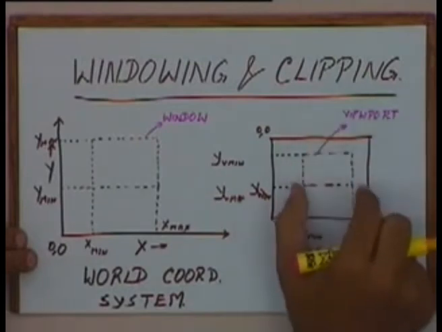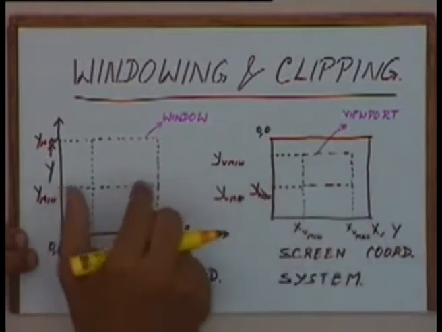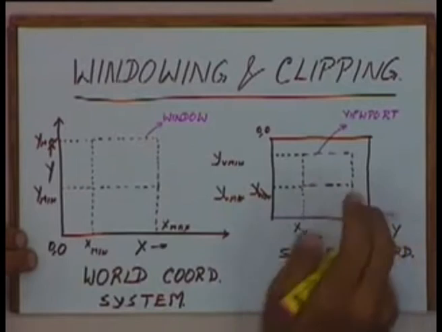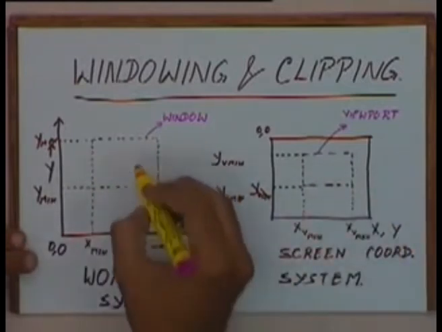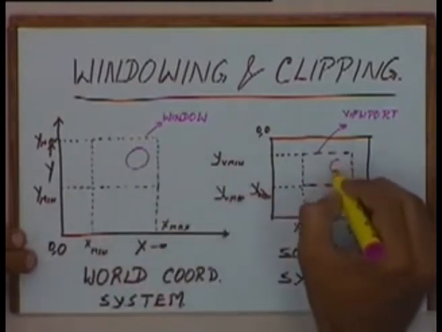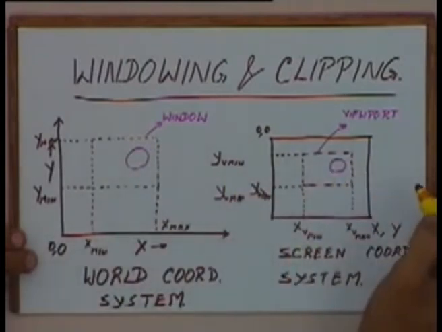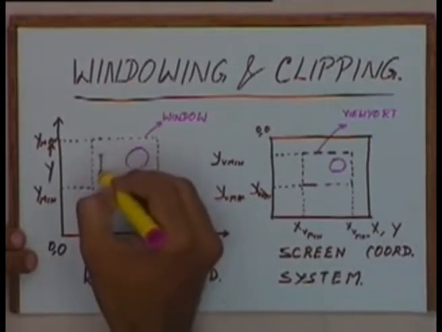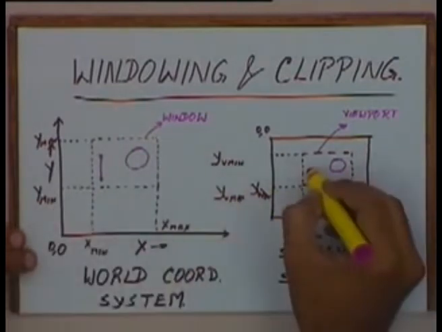This is a part of the complete screen on which this window is to be displayed. So if you have any object inside this window, we like this object to be displayed here like this. Similarly, if you have a line here, we like that line to be displayed here.